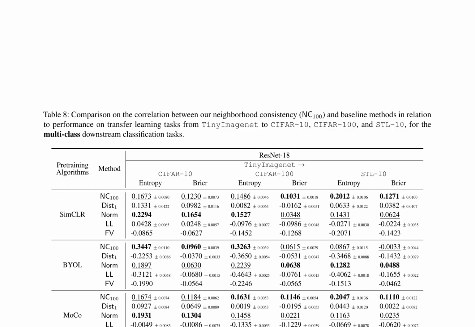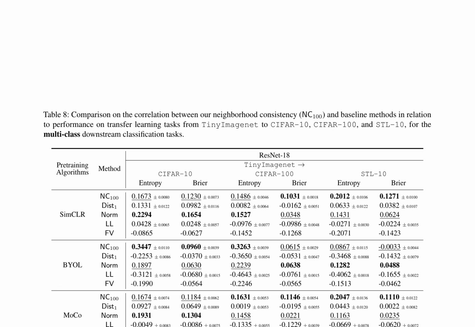The comparative analysis presented in the table shows a positive correlation between neighborhood consistency, NC100, and the SimCLR algorithm across CIFAR10, CIFAR100, and STL10 datasets using ResNet 18 and ResNet 50 architectures.